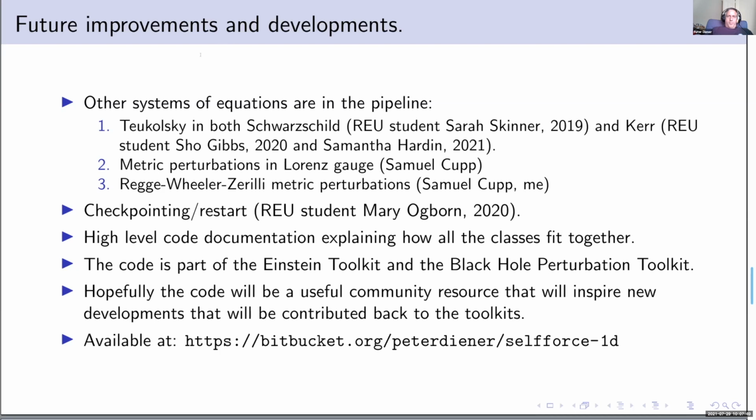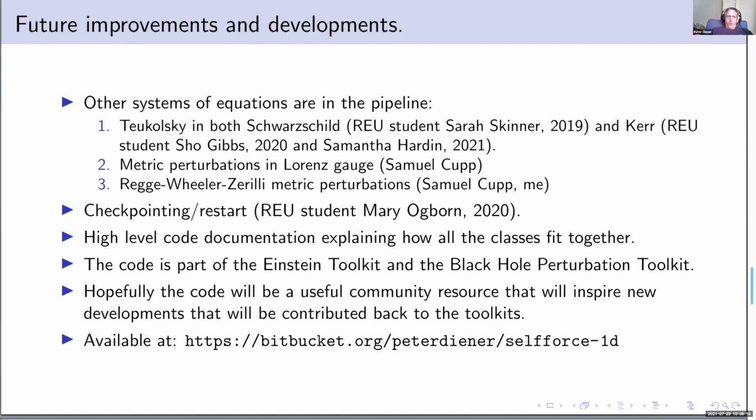Before going on to the practical part, we do have other systems of equations in the pipeline. We have a Teukolsky solver in Schwarzschild, written by IU student Sarah Skinner in 2019. This is essentially ready, but needs to be cleaned up, documented and checked.